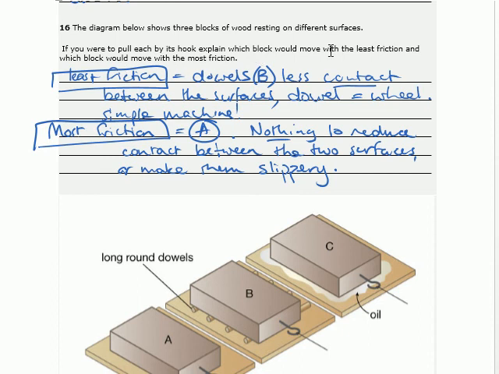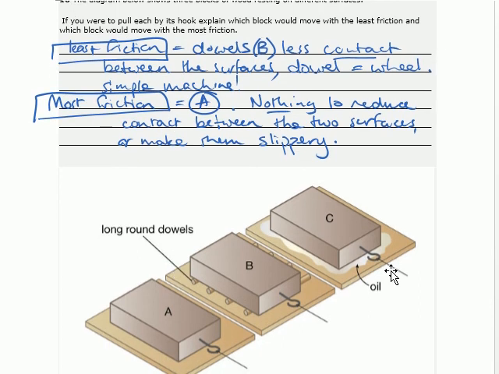Okay, we also have down here, we've got 3 blocks of wood. One is on oil, one is on long round dowels, so basically wheels, and the third is just a block of wood on wood. So we'd expect with this one that there would be quite a bit of friction.